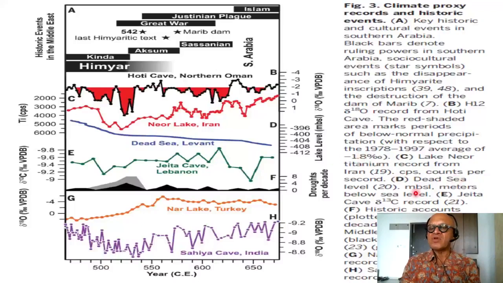Lake Nior titanium record, Dead Sea level, Jada Cave record, historic accounts derived from the Middle East after the black shaded curve, after references 22 and 23, the Nar Lake record from Turkey, and the Sahiya Lake record from India.